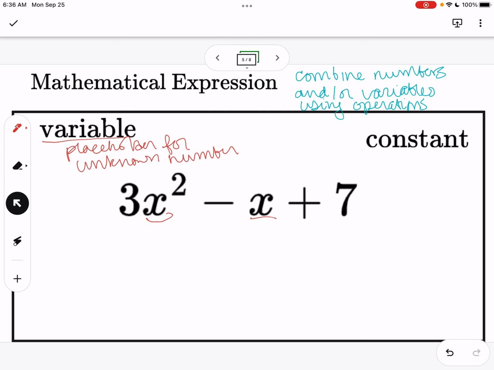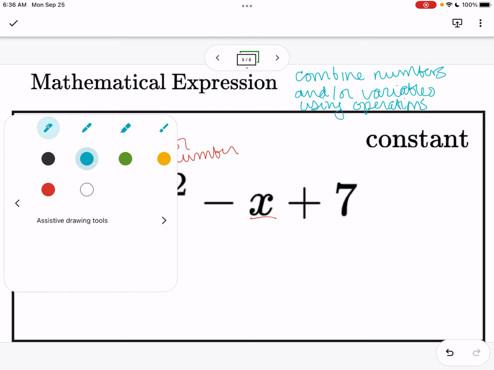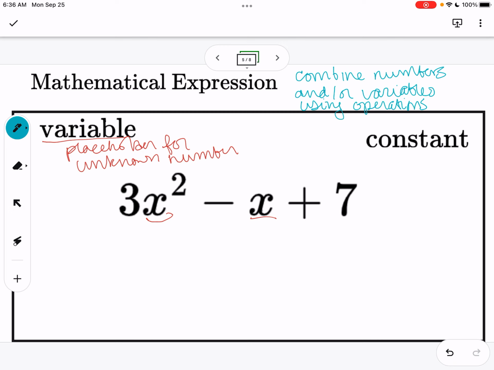We have a constant term. When we have a number, a value that can only have one specific value. So in this case, our constant term is 7, because 7 can only ever equal 7.